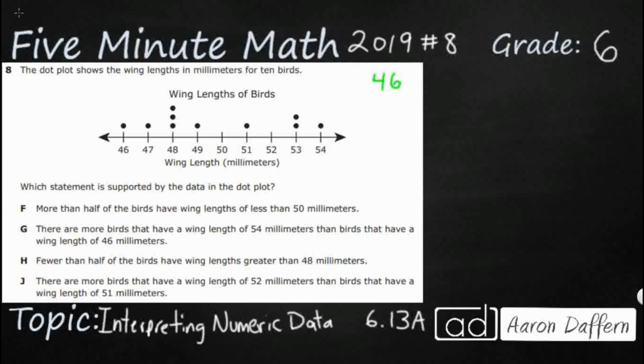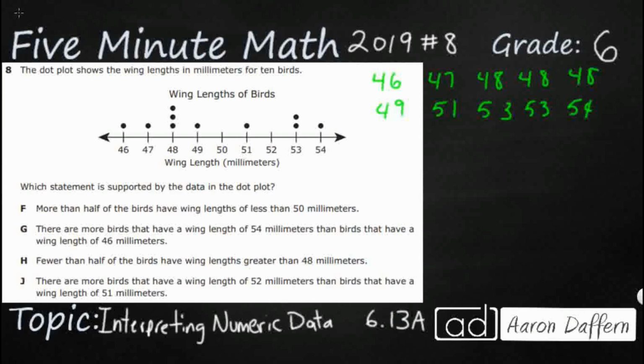So we've got 46, we've got a 47, we've got 3 48s, we've got a 49, there's no 50, 51, no 52, 53 two times, and we've got a 54. So there we go, we've got 10 pieces of data there, and that's a little bit easier to see on the dot plot. So let's see what our statements say.